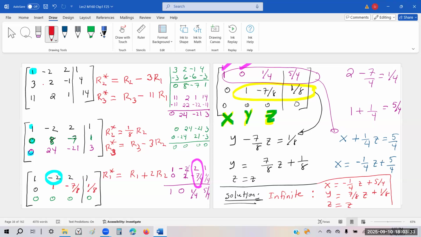For my case, I like to see my z, my independent variable. So I keep my z, and then x and y are in terms of z. If you see other books with a different variable, it means the same thing. Whatever is the free variable, that's independent. The other dependent variables depend on that independent variable.